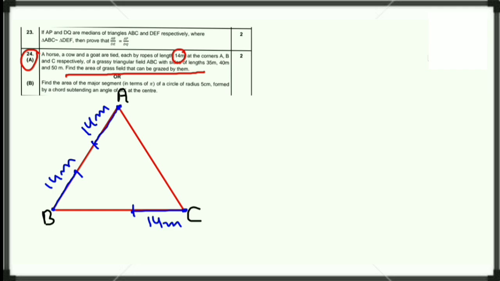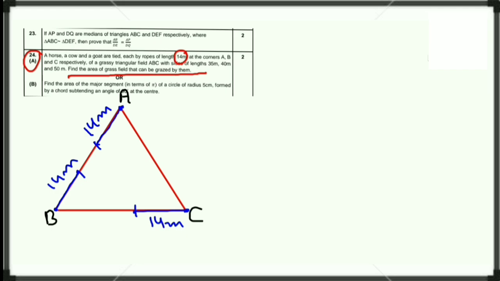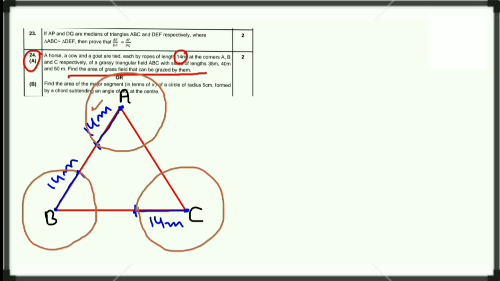right? Now, let's try to understand the concept of this question, okay? Students, if we draw a circle at these 3 points A, B, and C by considering this 14 meter as a radius like this, then 3 sectors will be formed over here, and these 3 animals, horse, cow, and goat, can graze only these 3 portions.